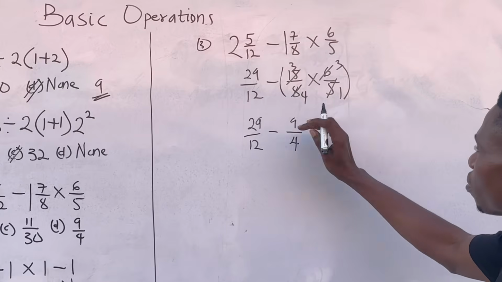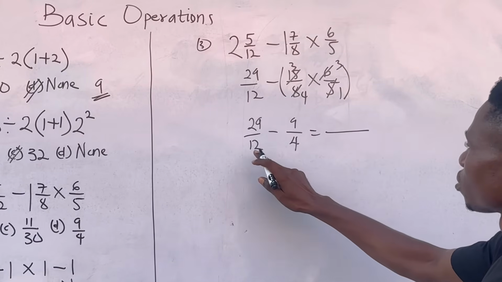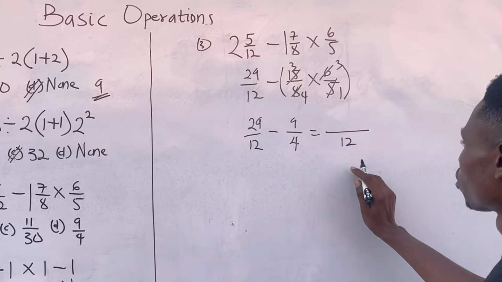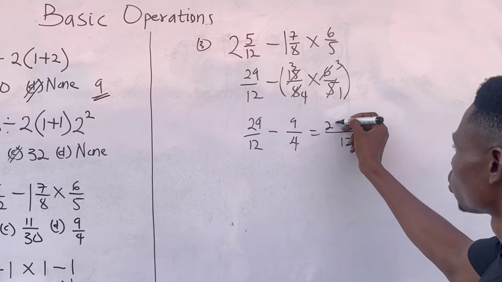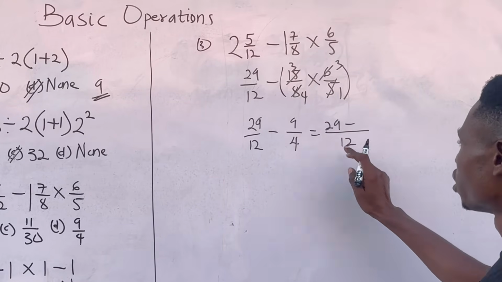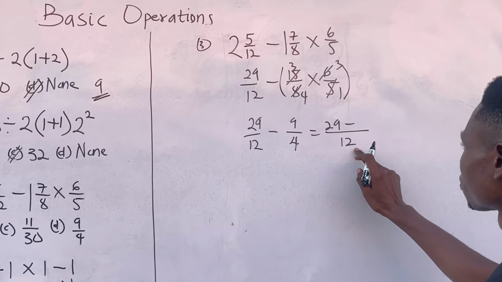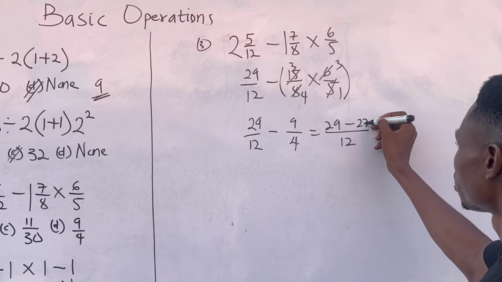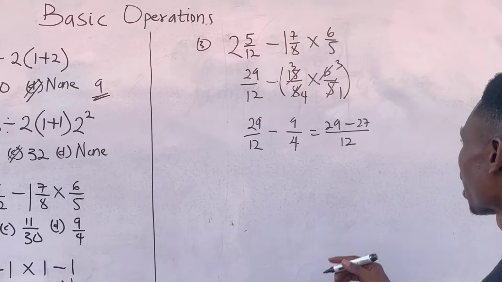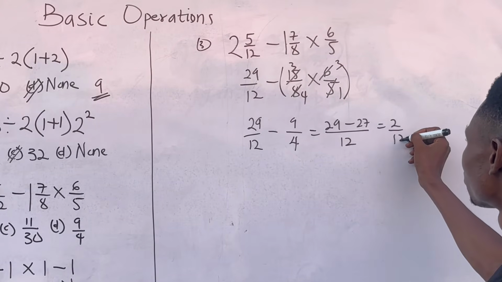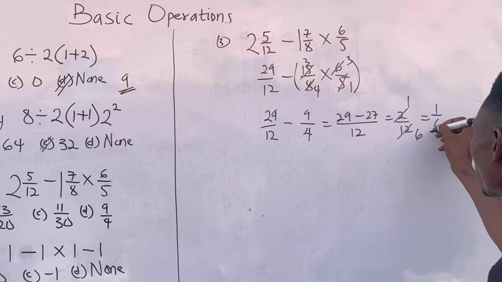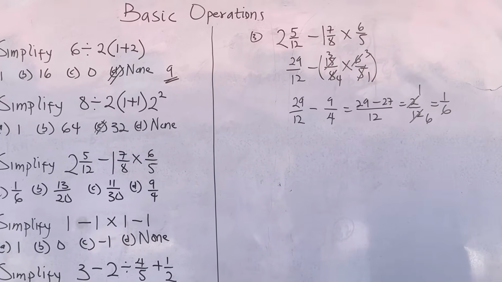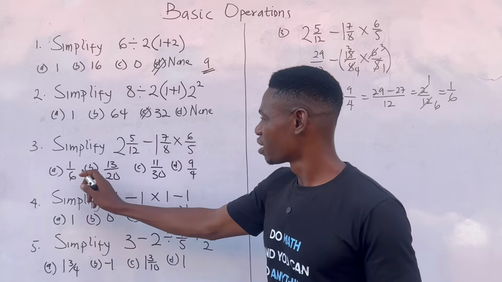Now our LCM for 12 and 4 is 12. 12 in 12 is 1. 1 multiplied by 29 is 29. Minus 4 in 12 is 3. 3 multiplied by 9 is 27. And that gives us what? 2/12. 2 in 2 is 1, 2 in 12 is 6. And we'll have 1/6. And that will be option A.